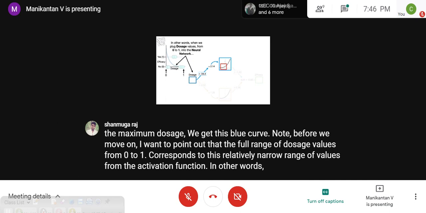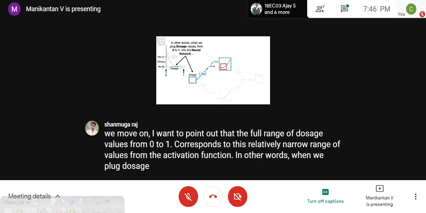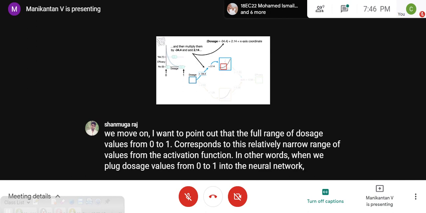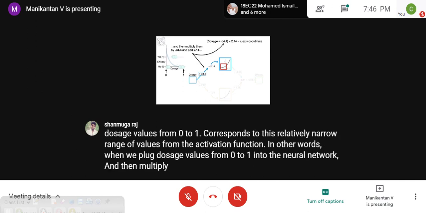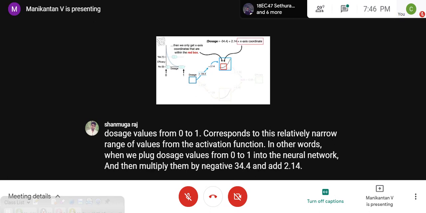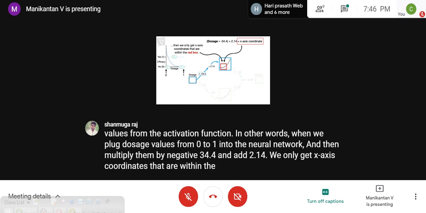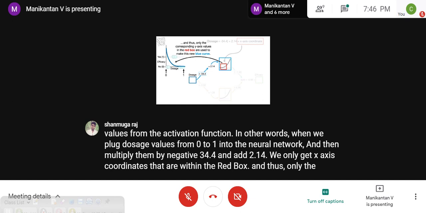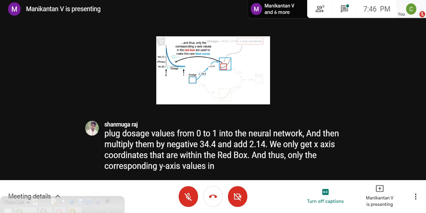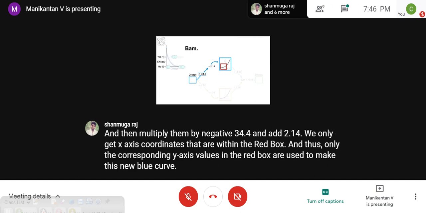In other words, when we plug dosage values from 0 to 1 into the neural network and then multiply them by -34.4 and add 2.14, we only get x-axis coordinates that are within the red box. And thus, only the corresponding y-axis values in the red box are used to make this new blue curve.